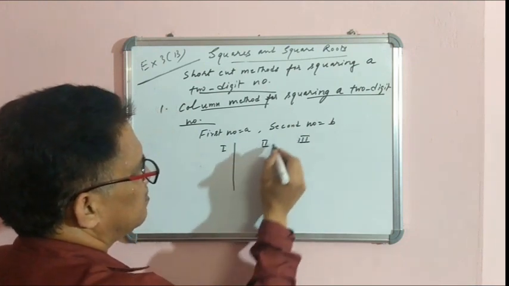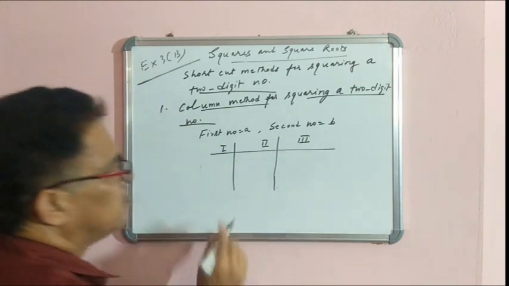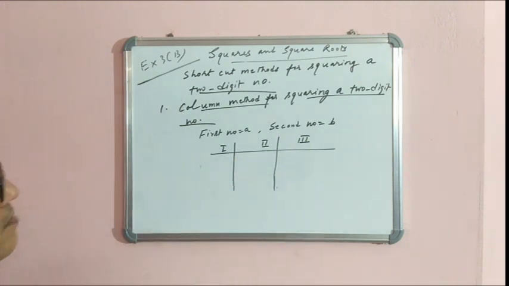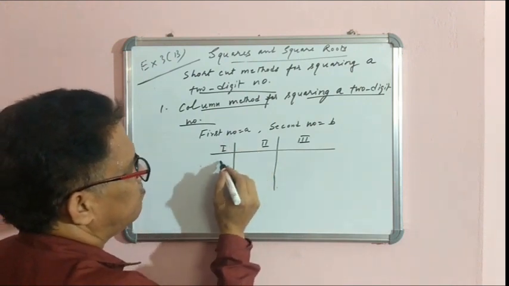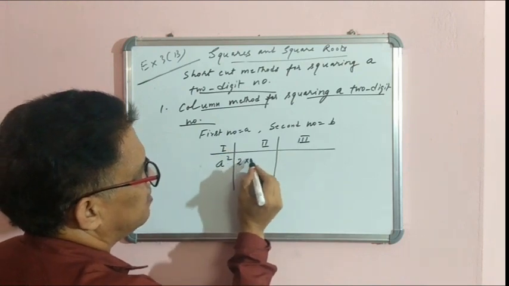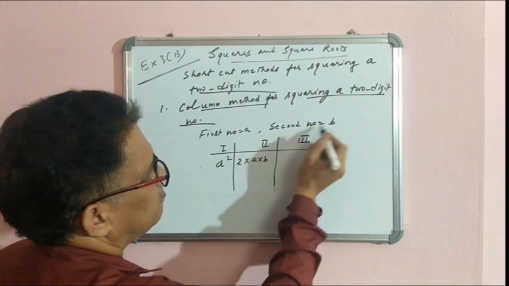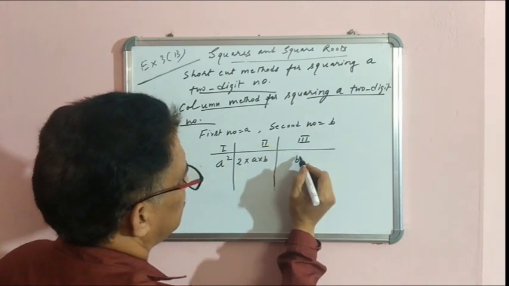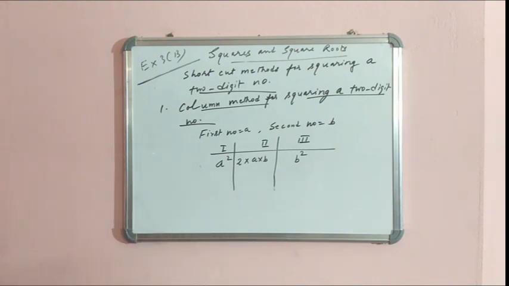In the first column we write the square of the first number, A square. In the second column we write 2 into A into B, and in the third column we write the square of the second number. So this is the method, but it will be clear by an example.